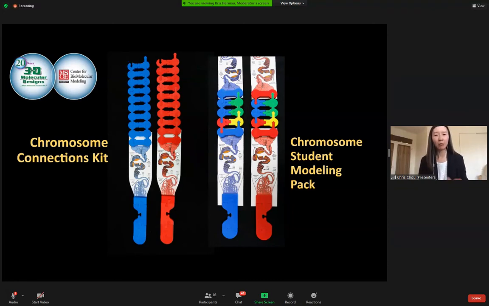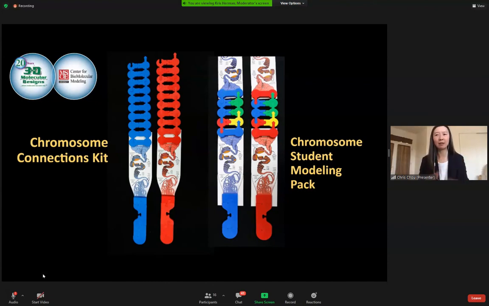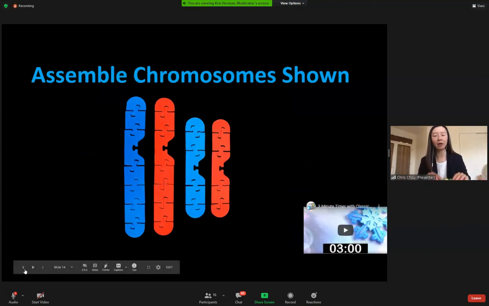It comes with all red, showing maternal chromosome, or all blue nucleotides showing paternal chromosome. There's a reason for that, and we'll show you later a fun way to show how crossing over occurs. And it's more helpful to have the blues and the reds with that. But the student kits come with these colorful rainbow colored nucleotides.